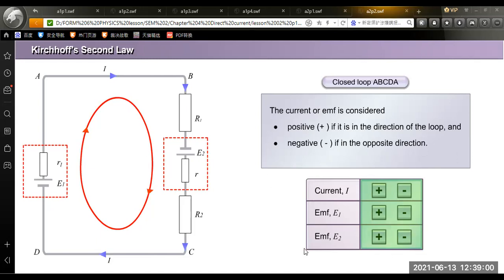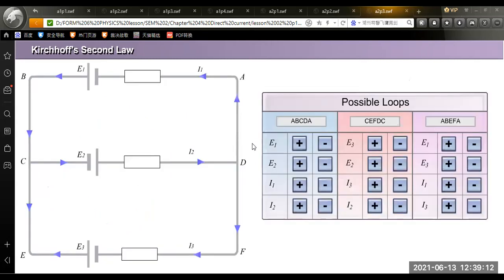Okay. Now, let's look at the circuit. In this circuit, we assume the current flows in this direction. Okay, we also assume this side, you see, this current flows in which direction?